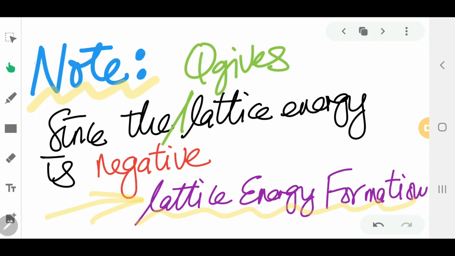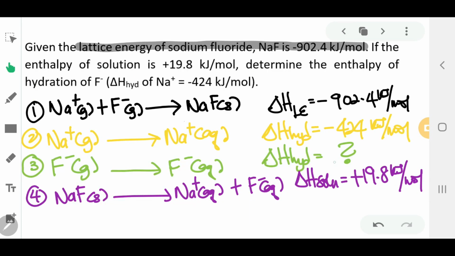We have to note that the question gives lattice energy in negative, and for that reason, we have to treat that as lattice energy of formation, and we're going to write the thermochemical equation like so.